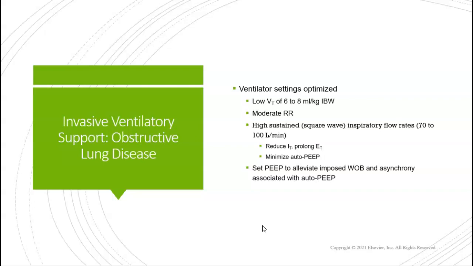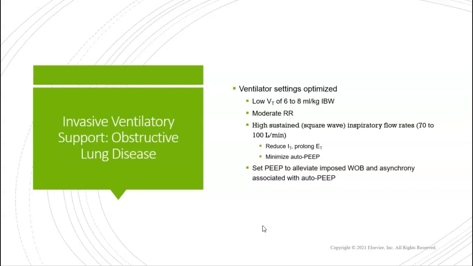Okay, remember, obstructive diseases affect flow rates. I get to pick the flow rate that my patient inhales with, but exhalation on mechanical ventilation, just like in normal breathing, is passive. It's going to be whatever product of that airway resistance and tidal volume that patient has. So if I give a severe COPD patient longer time to exhale, they're going to be able to eliminate more of that volume.